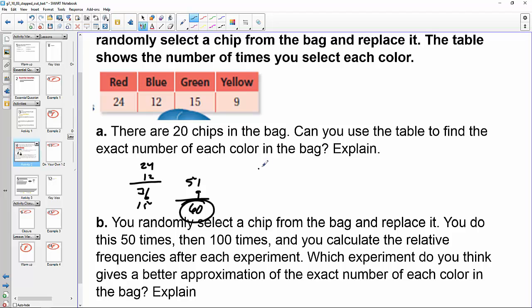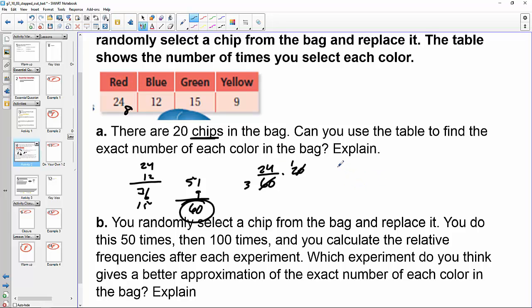So I have 24 out of 60 times 20, because there's 20 chips in the bag. And I can cross cancel, so I'll have 1 over 3. And 24 divided by 3 means that there's probably 8 red ones.